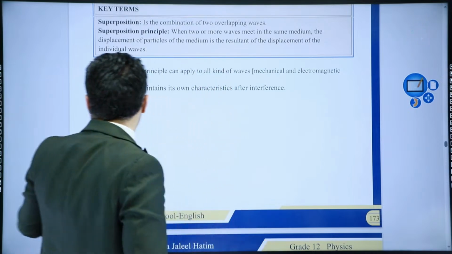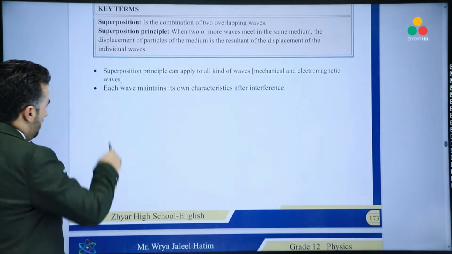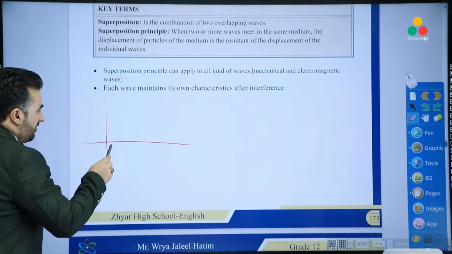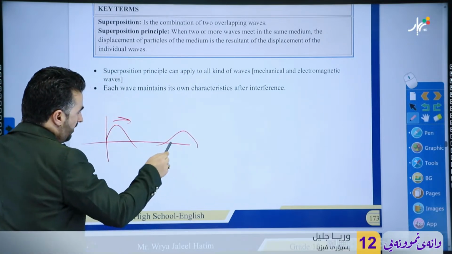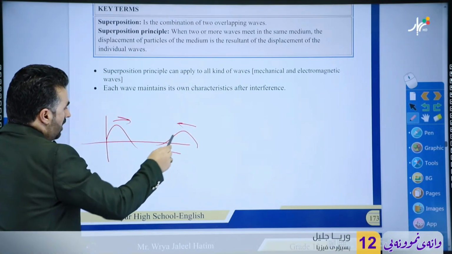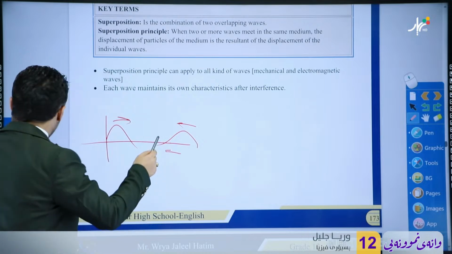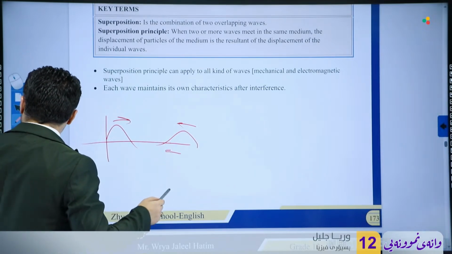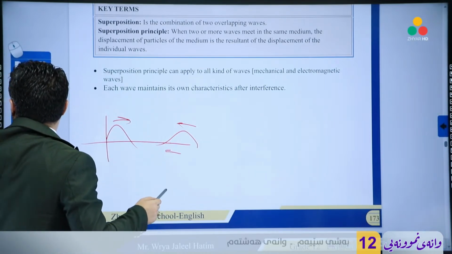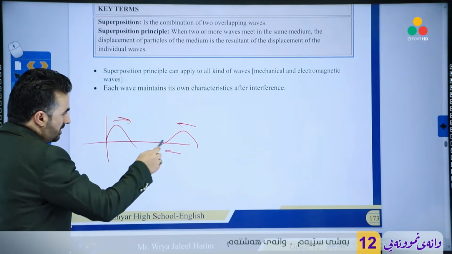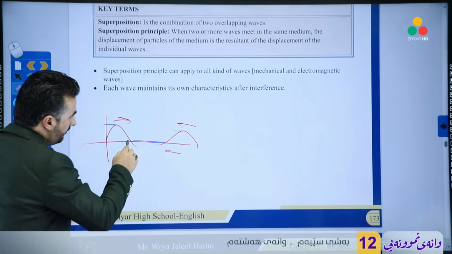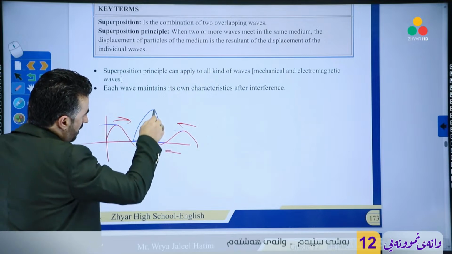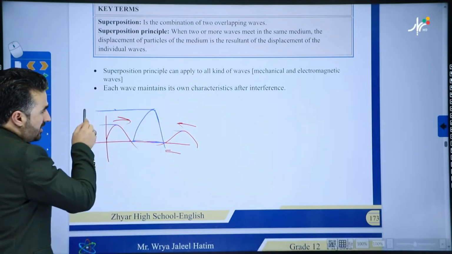Now let me draw something to help you understand. Let's say we have two waves, one going in this direction and another going in this direction. When these two waves combine, they meet at a point here. Let's change the color and choose blue. Once they meet at this point, if this is 1 and 1, we add the displacement of each wave.